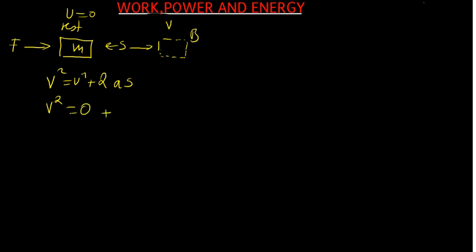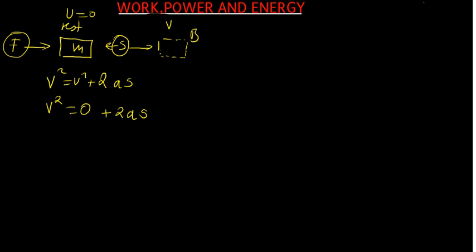And that will be equal to plus 2 times the acceleration. Remember, the acceleration is constant, it's not changing, because we're applying a constant force. And then you have s there. What we've just replaced is the u, which is 0.